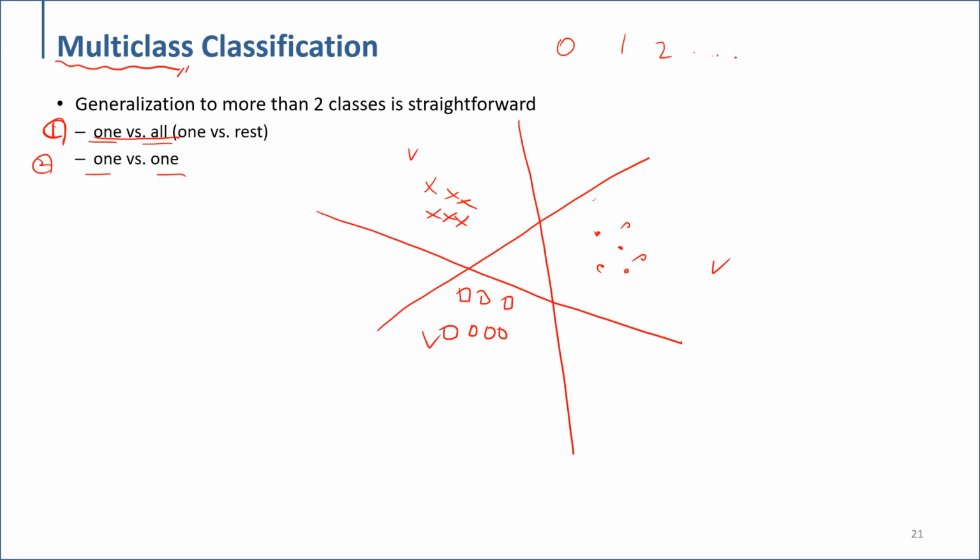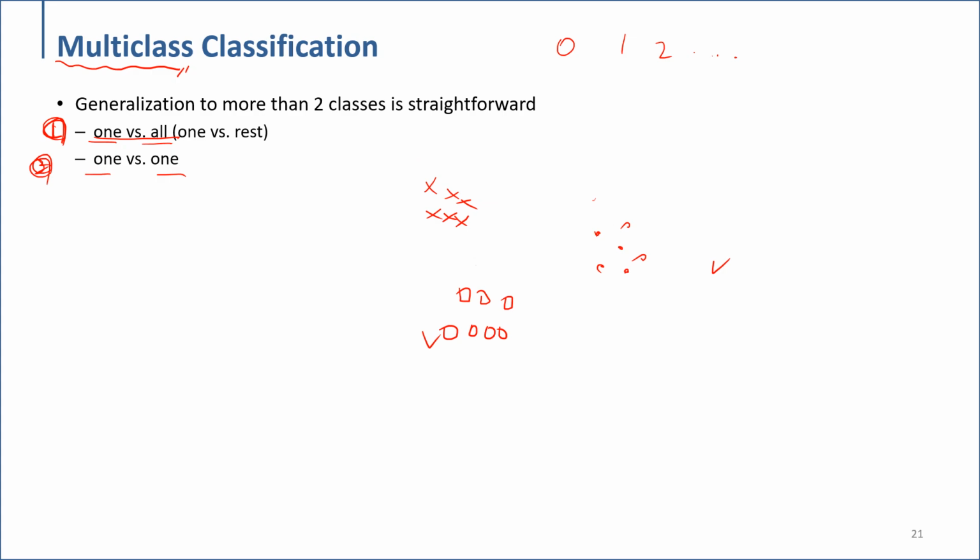That is the algorithm for the first case, and the second case is similar. This one is one versus one. Here we may first ignore this data set, and by ignoring this, you may find the first decision boundary. The second case is ignoring these data, so you may find the decision boundary that can divide this data and this data.